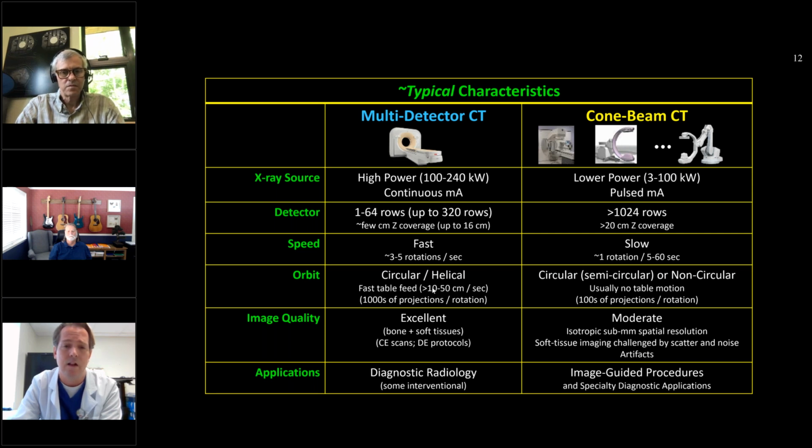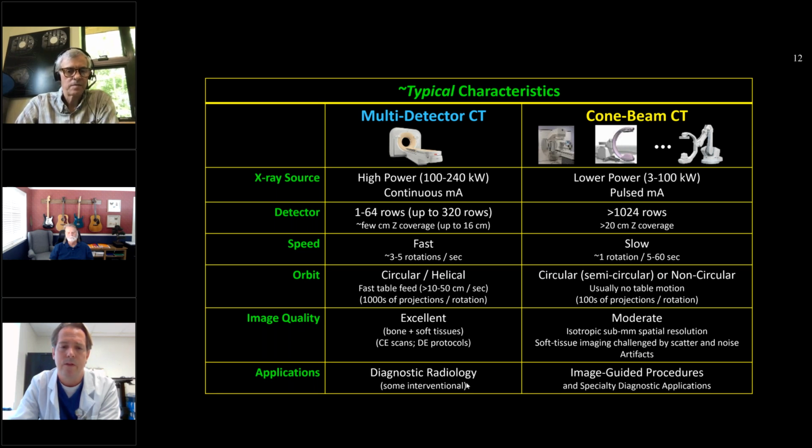The orbit is obviously helical in helical CT, compared to circular, or actually some very flexible non-circular orbits on things like C-arms. The image quality here tends to be excellent diagnostic quality of bone and soft tissues. Of course, there are a lot of advanced protocols for contrast enhancement or dual energy and so forth, whereas the image quality in cone beam tends to be moderate. It does have isotropic sub-millimeter spatial resolution, so there's a spatial resolution advantage in this technology that comes somewhat for free, but it's challenged in its contrast resolution or its visualization of soft tissue structures by scatter, noise, and a number of artifacts.